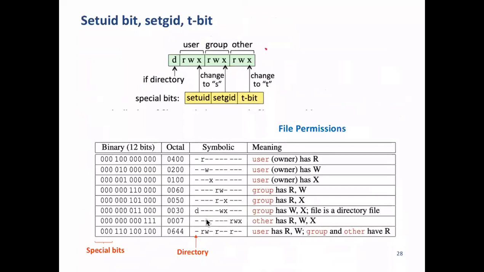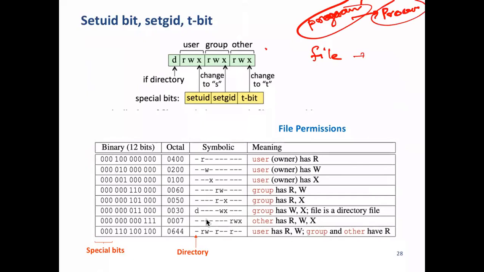So these are the 9 bits for a file or a program. Both are the same thing: a file, when executed, becomes a program, which is of course an executable file. Let's use the words program and process interchangeably, because everything is the same right now, or program in execution.